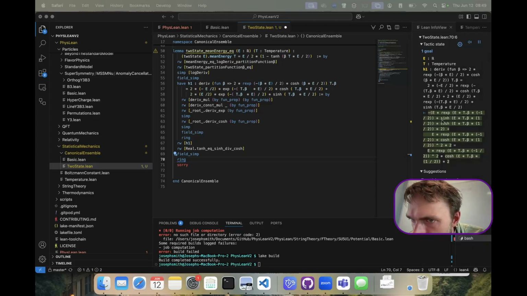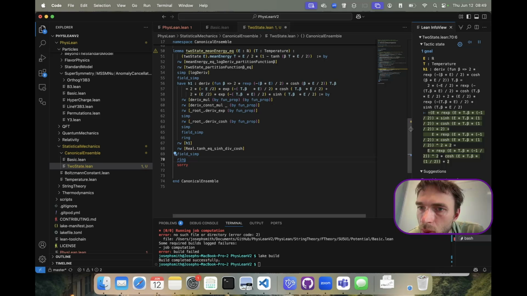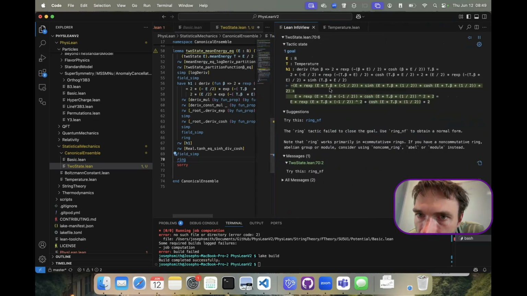So we now have to think how to simplify this thing here. And at the moment, I can't see an obvious way of doing this. So we'll have to think a bit. So we want to show that this expression is true.